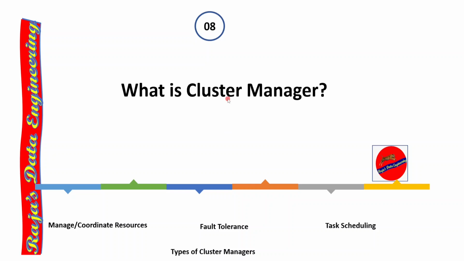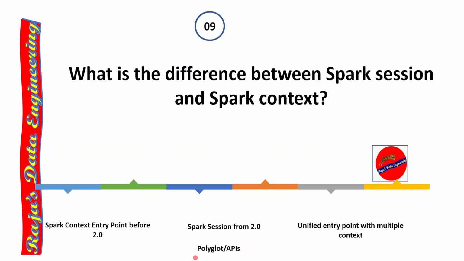So the cluster manager plays an important role in fault tolerance. Right, and coming to types of cluster managers, we have different types like standalone cluster manager, Mesos, and YARN cluster manager. These are the different cluster managers. Now, these are the topics we can cover for this question.